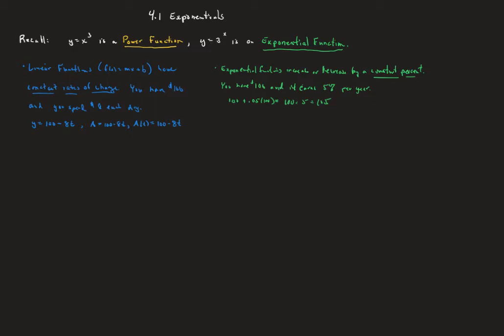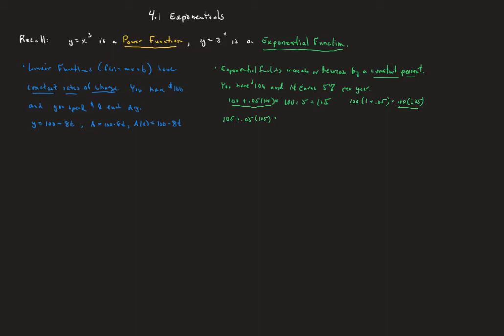Now we could say that $105 came from factoring out the 100: 100 times 1 plus 0.05, or 100 times 1.05. So that's where we are after 1 year. Now the next year you're going to have $105 to start with, and then you're going to earn 5% of that $105.